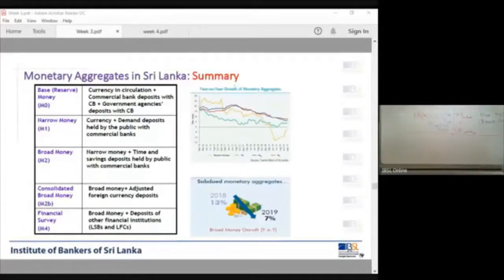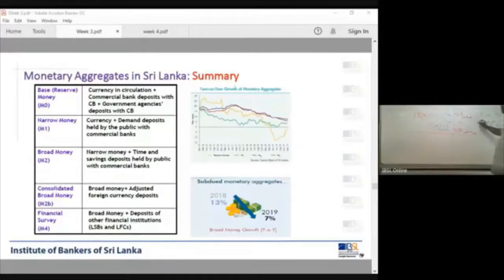Basically, treasury bill purchase. So that is the main way of giving loans to the government. There are other ways. The government can have a direct loan from the central bank. That is also possible.